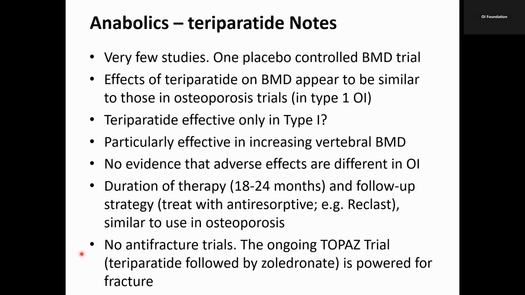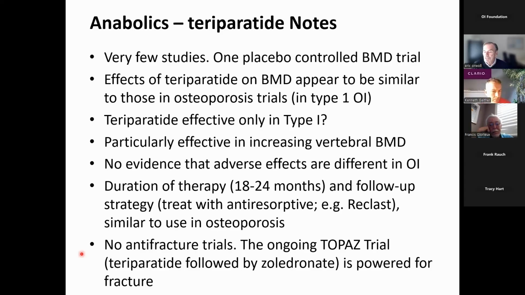So we suspect that bone density is increased, at least in people with type 1, with teriparatide therapy. We don't have good data about whether that translates into a reduction of fractures. There's a large trial going on in Great Britain called the Topaz trial of teriparatide followed by zoledronate.